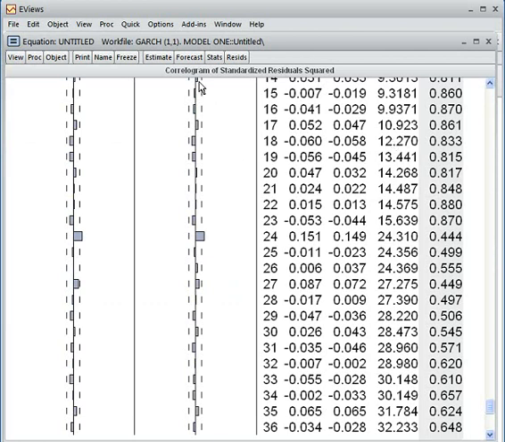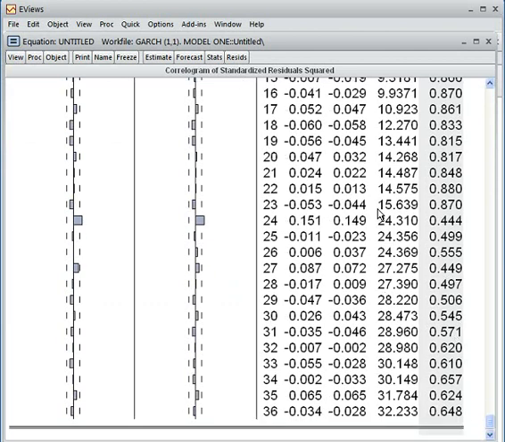It is the correlogram of squared residuals under the Q-statistics. What is the null hypothesis? The null hypothesis is that there is no serial correlation. We can reject the null hypothesis only when the p-value is less than 5%.